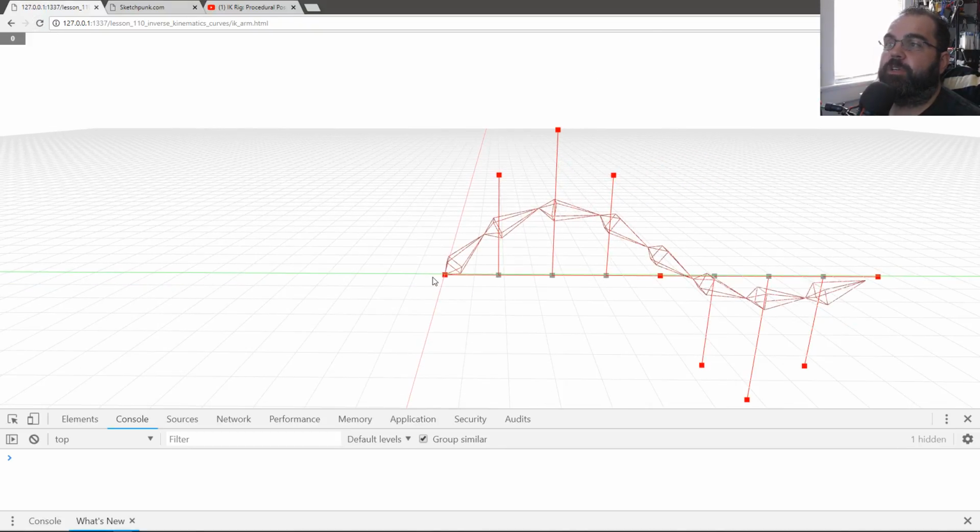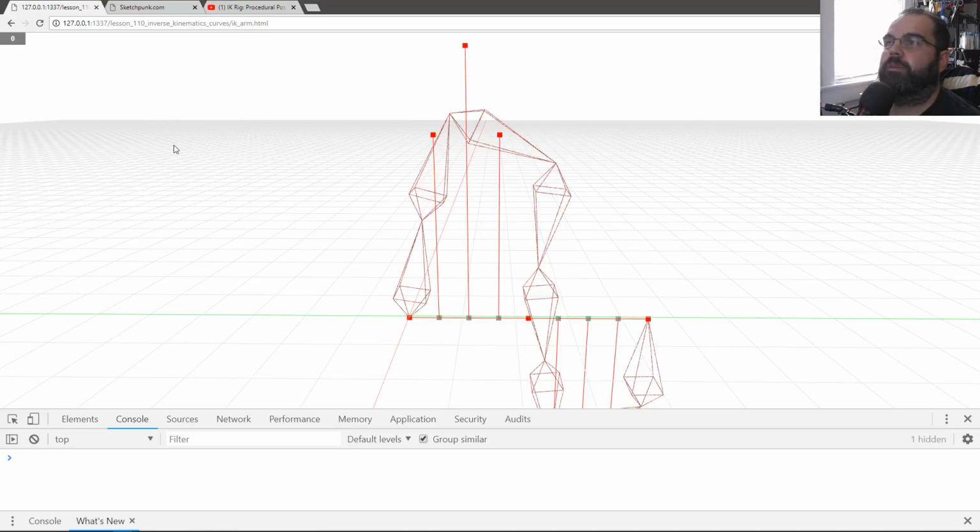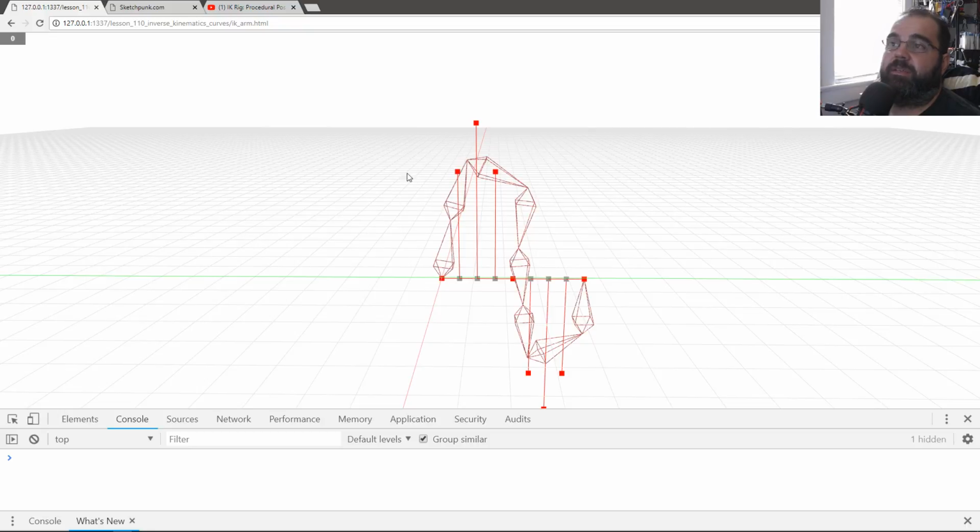And like I said, it does a pretty good job, especially if I want to do a tentacle, reach, and do it in a wavy way. The sine wave works really well. I don't know what happens if I do 0. And that's a sine wave.